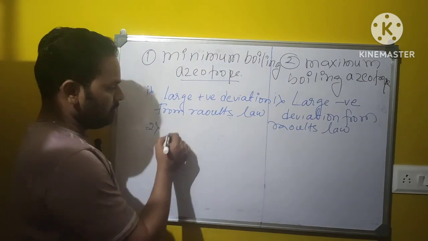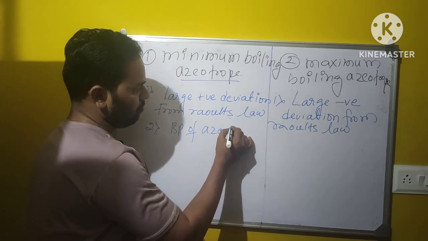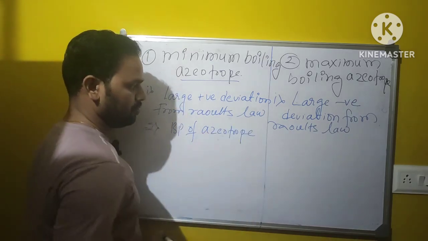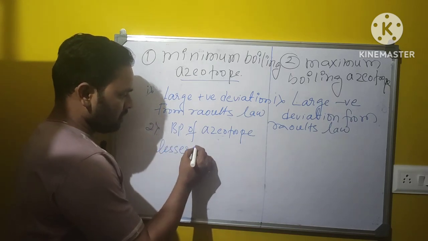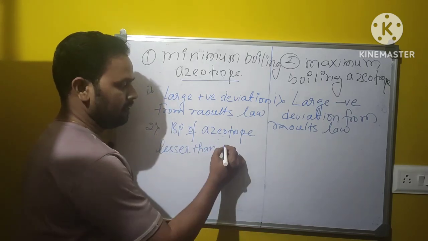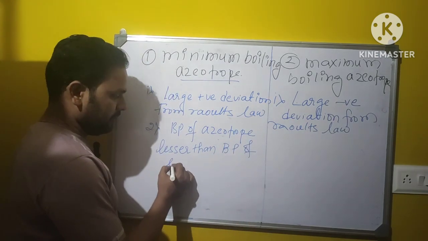And the second point: for minimum boiling azeotrope, the boiling point of the azeotrope is lesser than the boiling point of individual liquids.